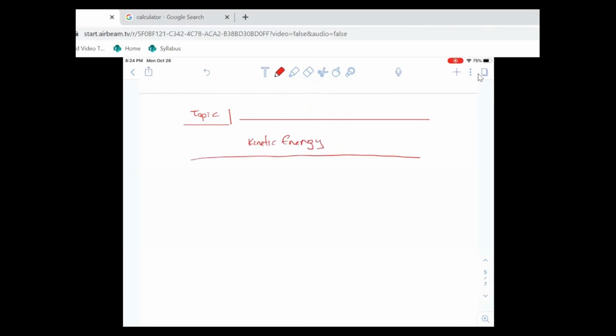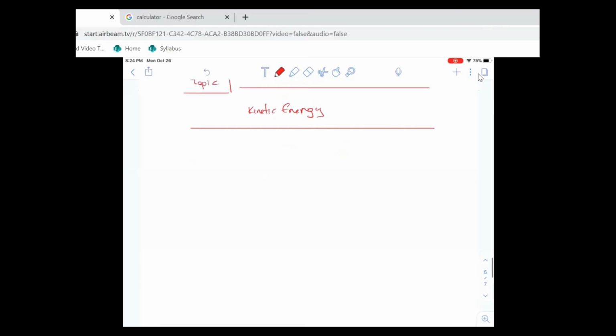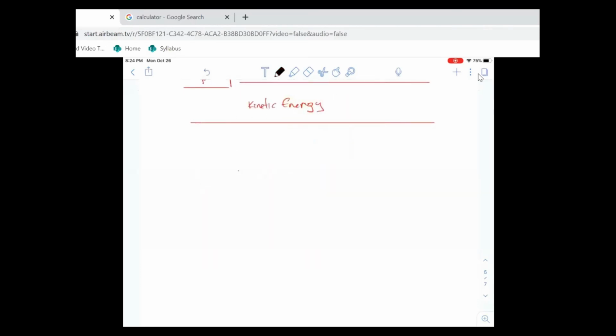Kinetic energy is the energy of motion. Here's your mass. It's moving. By virtue of its motion, it's going to have kinetic energy. So kinetic energy depends on your mass and depends on the speed. Square the speed, and everything is divided by 2. That's it. So that's your kinetic energy formula.